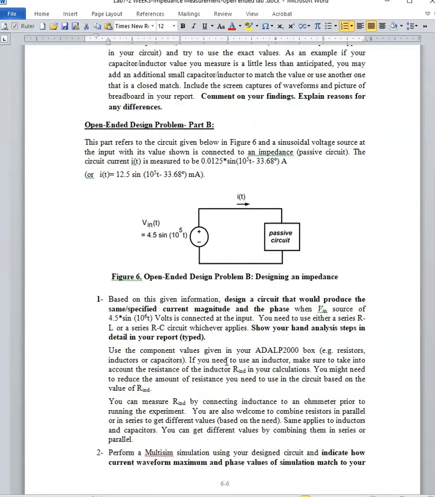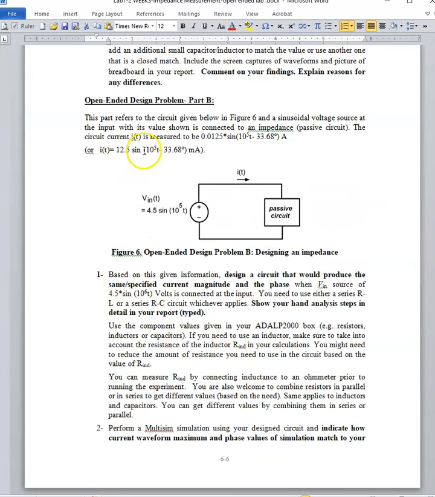In the second part, now we got the current delayed with respect to input. So again, the reactive part will be on the other side, and you find the required values of components. It's going to be a resistor and a reactance, which might be a capacitance or an inductance.